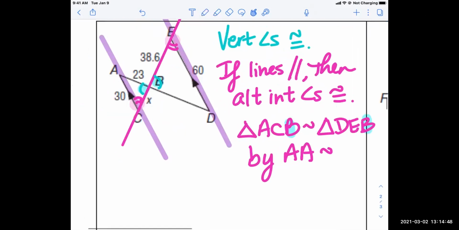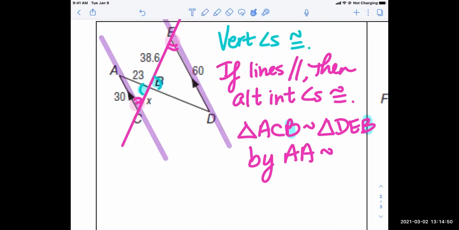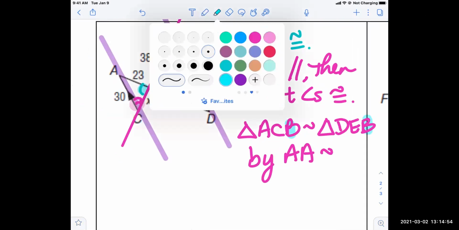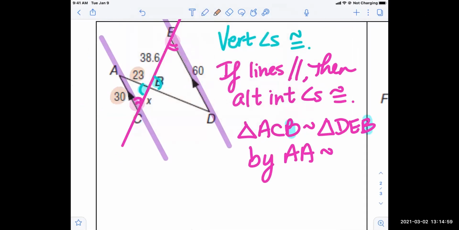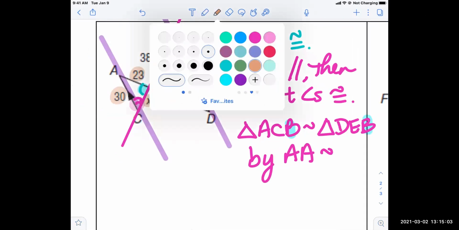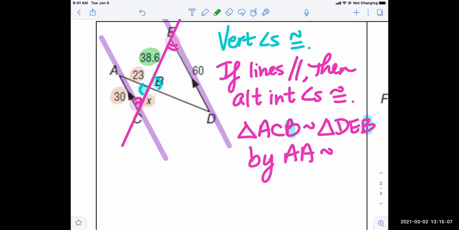Now, we know the triangles are similar by angle, angle, and now we need to find the value of X. All right, so we have some numbers here. We have 30, 23, and X in the triangle on the left side. Okay, so we have 30, 23, and X in the triangle over here. And then we have 38.6 and 60 in another triangle. So let's figure out what sides match up.